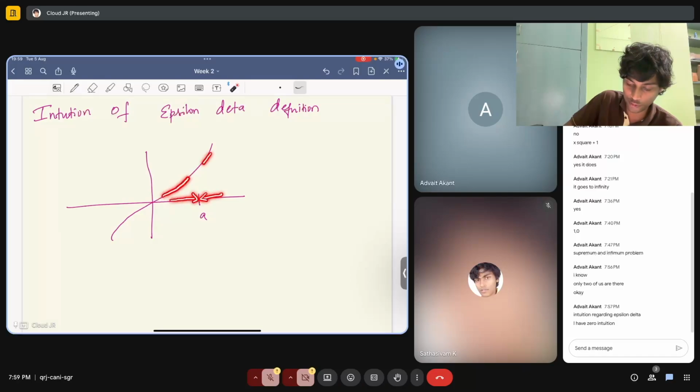That is the basic idea behind the limit. Sometimes your function is of the form 0 by 0 at this point, so at this point you don't know what is going on. So you go toward it and try to find what happens at this point.